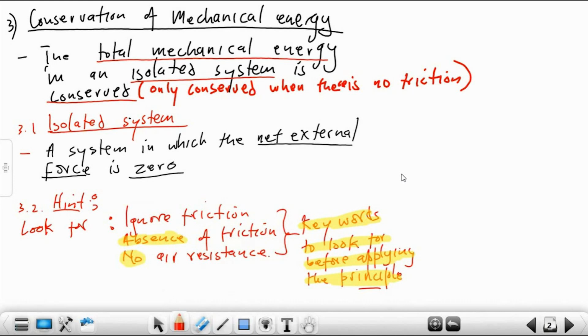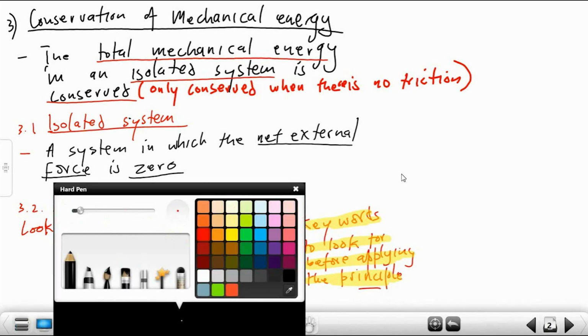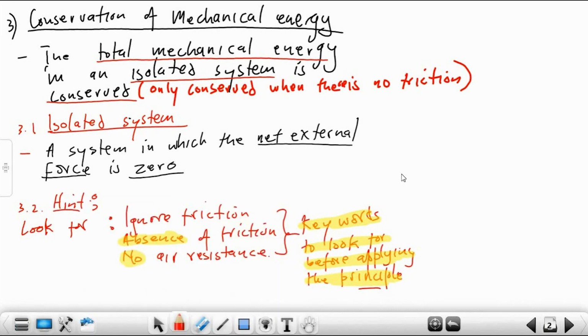So the key thing that we are looking for is, when we say there is conservation of mechanical energy, definitely we must be looking for no friction, because once we have friction, the mechanical energy is not conserved.